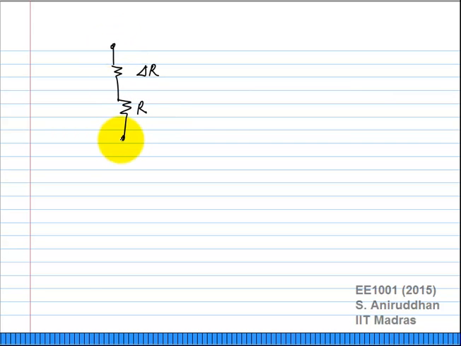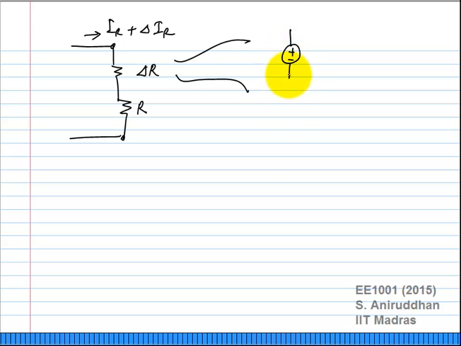Okay, and I'm going to use substitution theorem to replace that. So what is this current flowing through this R plus delta R? IR plus delta IR. Okay, and this delta IR, I am going to replace it by a voltage source using substitution theorem.